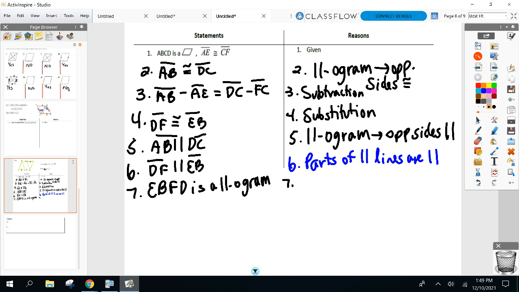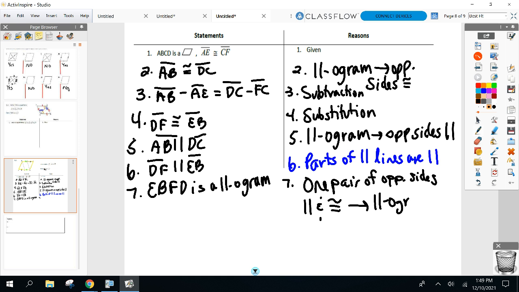Why is this a parallelogram? Good job. One pair of opposite sides parallel and congruent. Good. It's a mouthful. It'll take some getting used to. Good job.